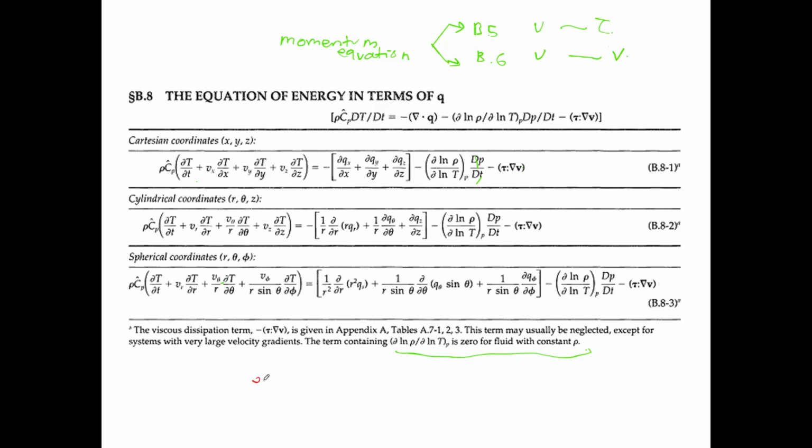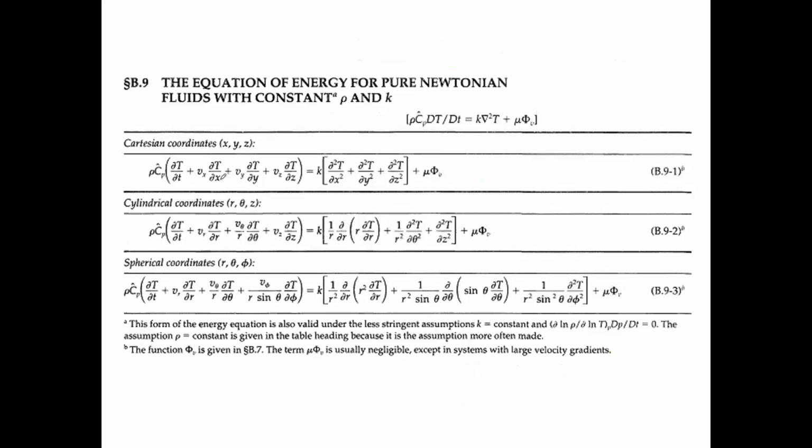for energy equation, you're going to have appendix B8 and B9. The appendix B8 correlates temperature, yeah, this one, the temperature, with Q. Okay, and then at appendix B9, if you look at here, temperature correlates also with temperature.